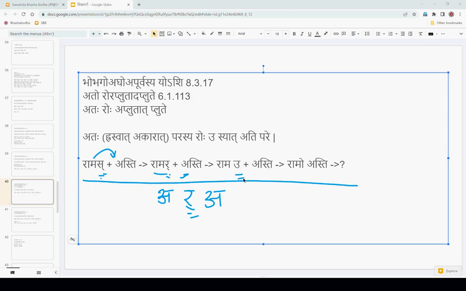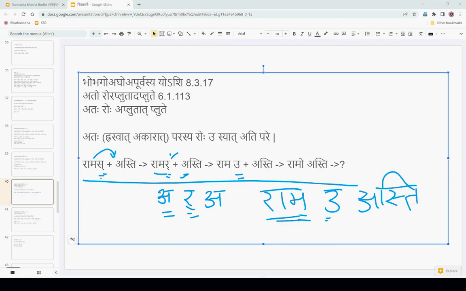So we have Rama. We are not removing a; only in place of refa we are bringing u. Then asti. Rama plus we are just taking out refa. Correct? Be aware of this. We are not taking the o here, though Rama means Rama plus a is there, right?